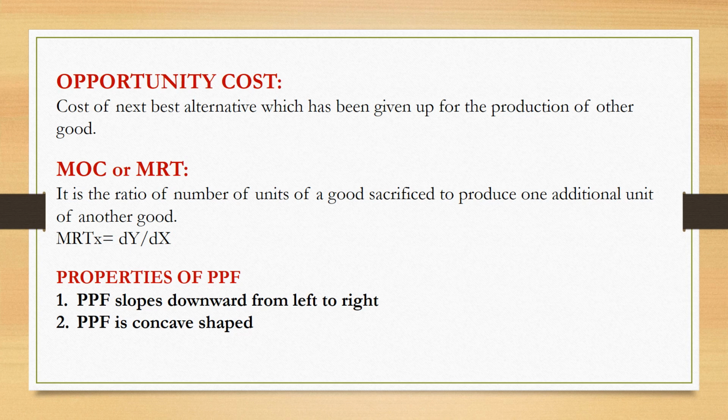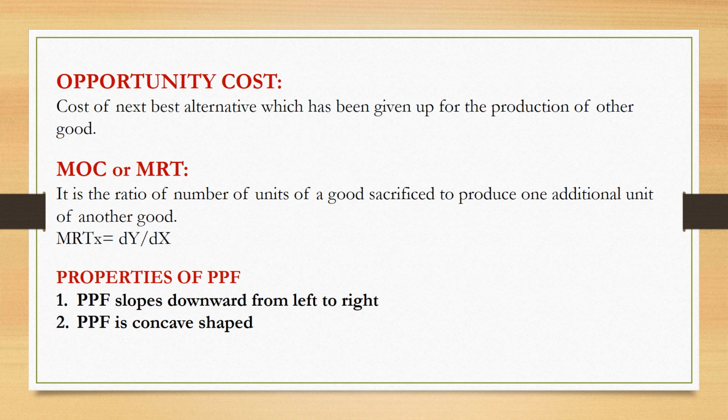Number two, the production possibility frontier is concave shaped because of increasing marginal rate of transformation or increasing marginal opportunity cost, MOC. What is it? Increasing marginal rate of transformation means more and more units of one commodity are sacrificed to gain an additional unit of another commodity.